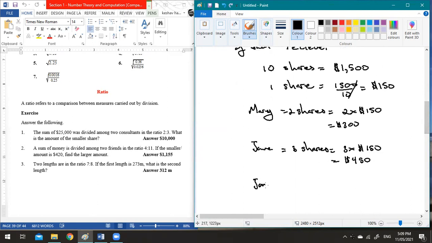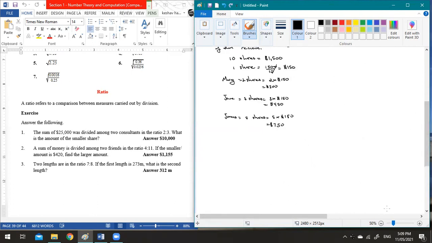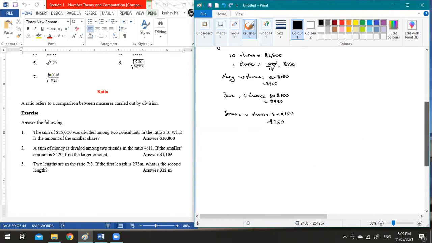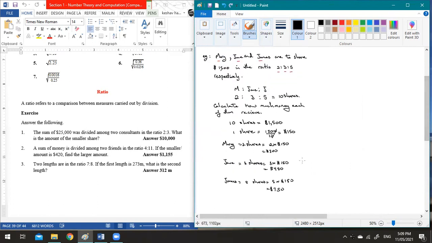And James has 5 shares, so 5 by 150, $750.